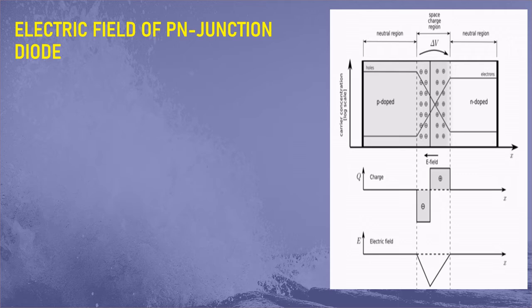So how can we define it? This N side ends at x equal to positive xn, and this P side ends at x equal to minus xp, where xp is a positive quantity.